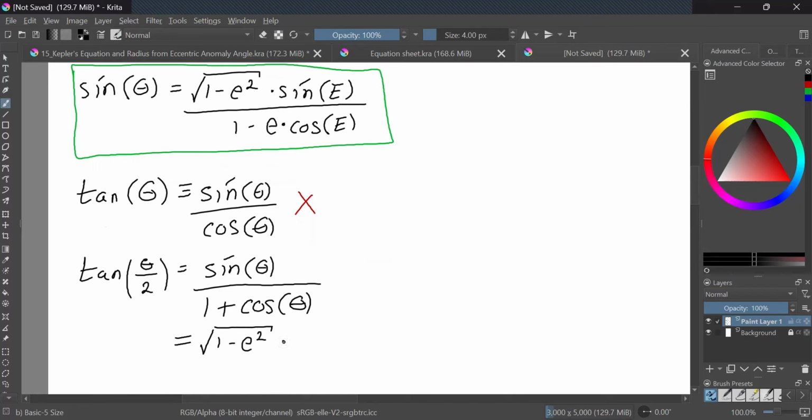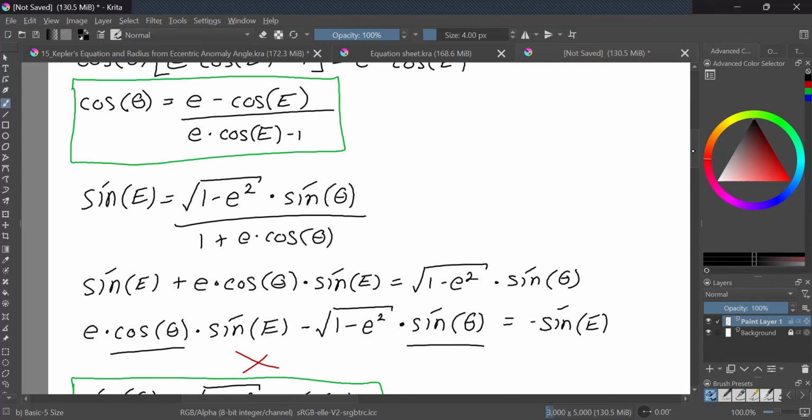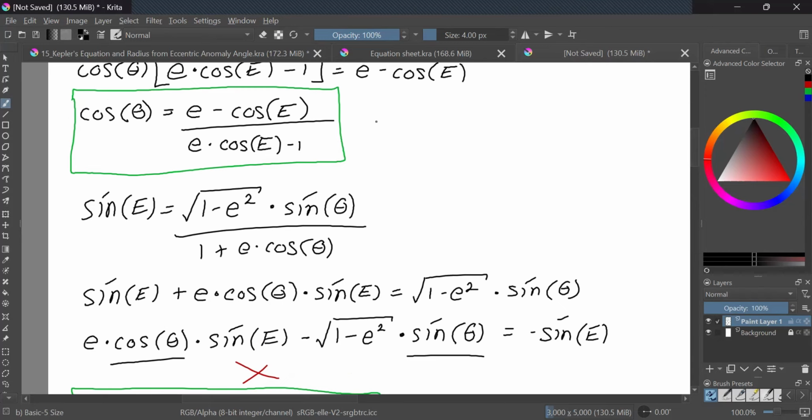Square root of 1 minus the eccentricity squared times the sine of the eccentric anomaly angle over 1 minus the eccentricity times the cosine of the eccentric anomaly angle, over. Now we have 1 plus the cosine, which is going to be this other green box that I have here.